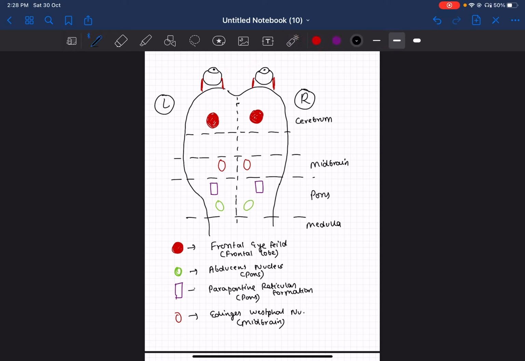So we can write here that the frontal eye field pushes eyes towards the opposite side, while the parapontine reticular formation pulls the eyes towards the same side.